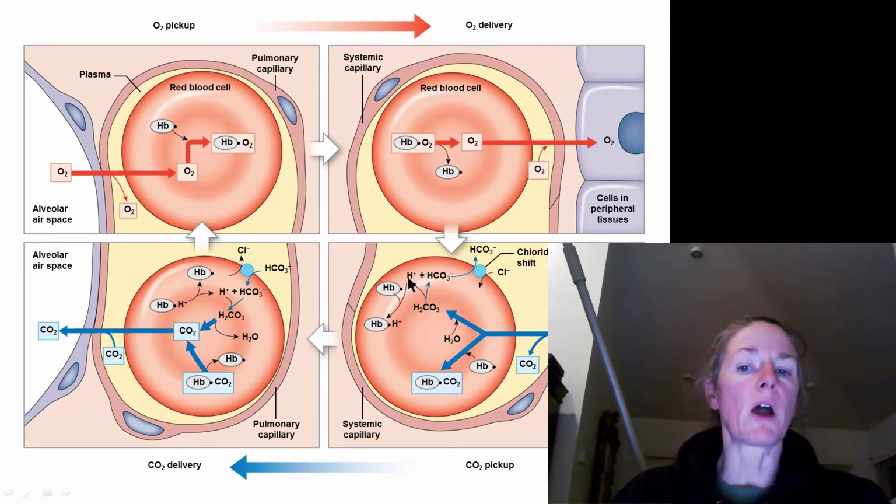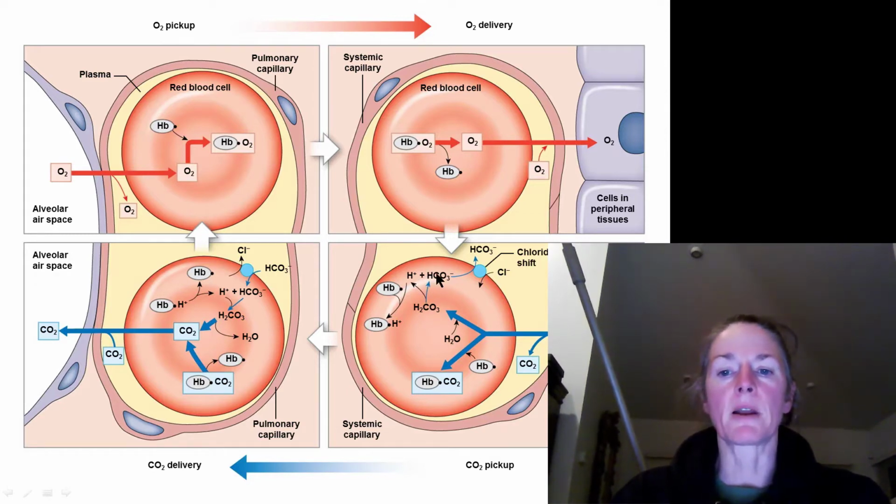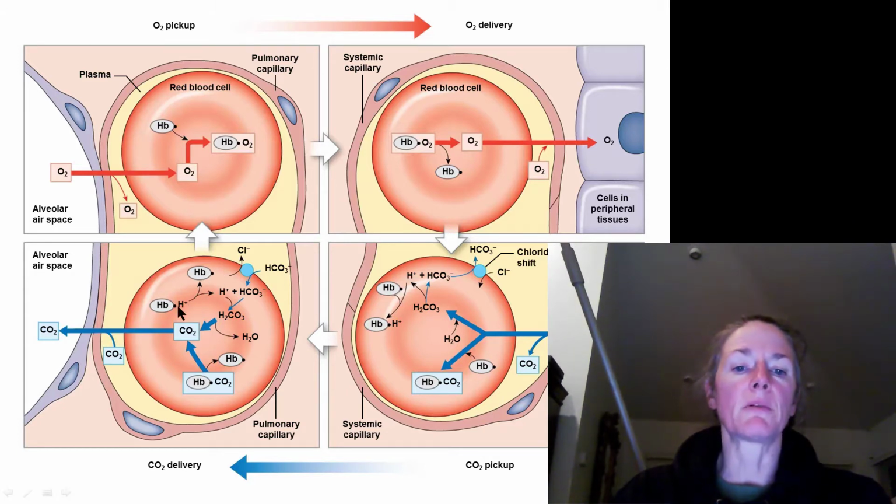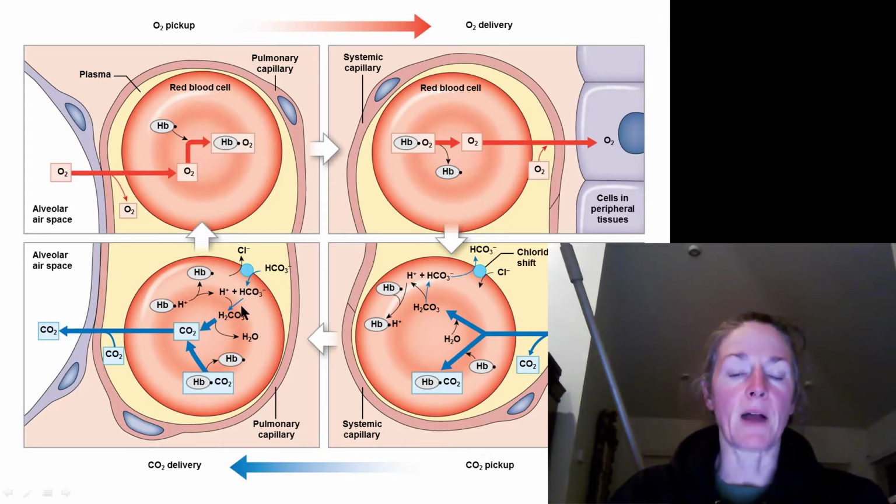So it's holding on to our excess hydrogen that was created when the carbonic acid broke apart and became bicarbonate and hydrogen ion. So now that hydrogen was being held on to by some of the hemoglobin, and now it's going to release that hydrogen ion back so that it can then recombine with the bicarbonate ion that was brought back into the blood cell from the plasma.